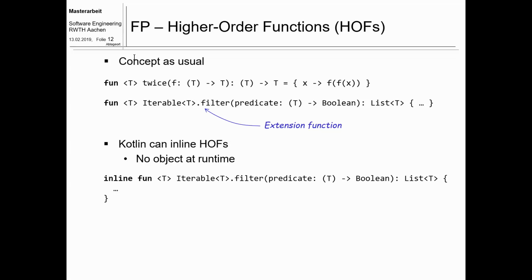Or at least you don't have one object per lambda that you're using. And Kotlin also makes very heavy use of the inline modifier in its standard library. So all these common higher order functions like filter, map, also forEach, are all inline functions in the standard library. So let's go ahead and take a look at this again as a hands-on example in the code.